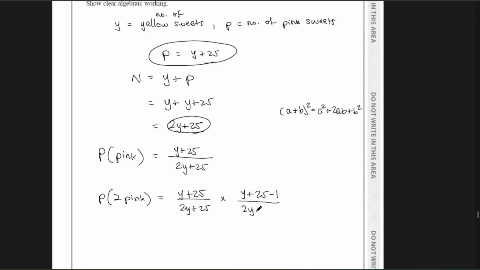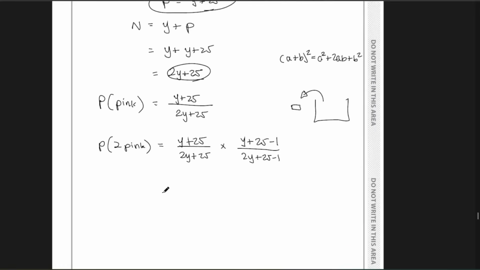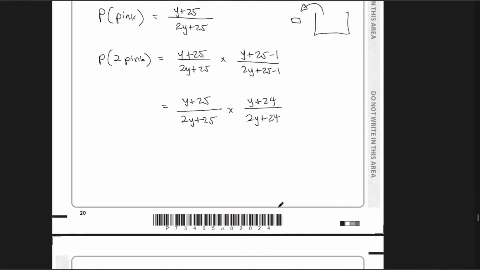So 2y plus 25 minus 1. Because if 1 sweet has already been picked, we are not replacing it, which means that 1 less pink sweet in the bag. So this becomes y plus 25 over 2y plus 25 times y plus 24 over 2y plus 24. So we'll have to multiply these.